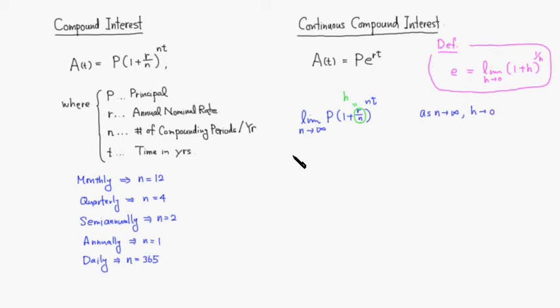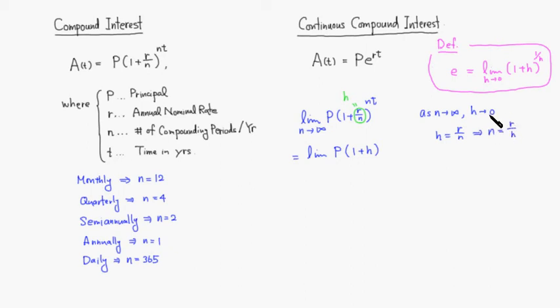So by using a substitution, we can think of it as a limit. P is a constant, so we don't have to change that, and for the 1 plus term, we decided to call that h, where h is equal to r over n. So we can rewrite n as r over h.